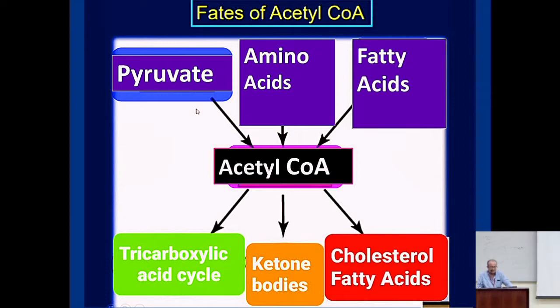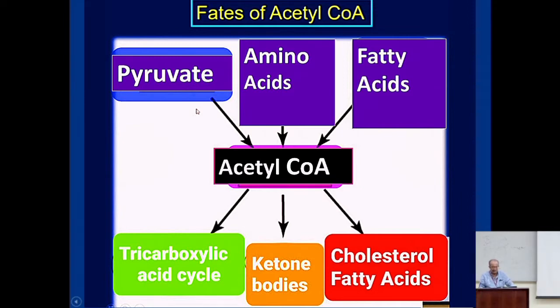And as I said, for most cells, especially the aerobic cells and tissues, that's a very important fate. So the brain, for example, will take glucose, break it down through glycolysis to pyruvate, pyruvate to acetyl-CoA, then all the way to CO2. And the way we do that is through the TCA cycle.